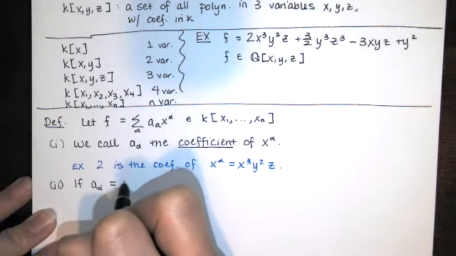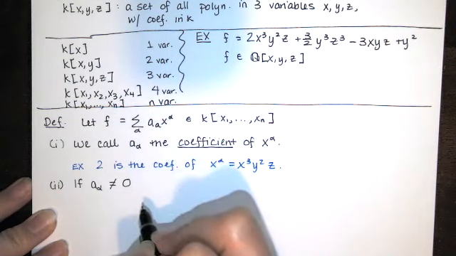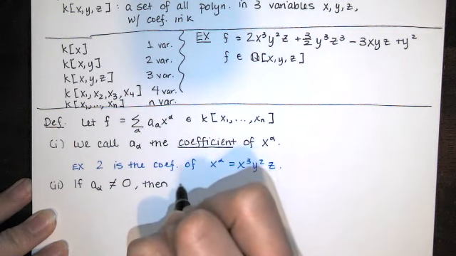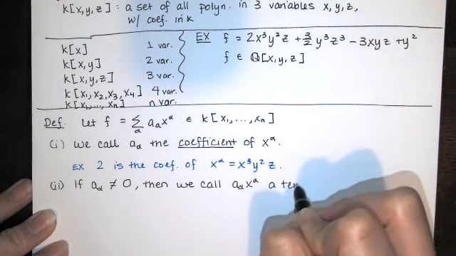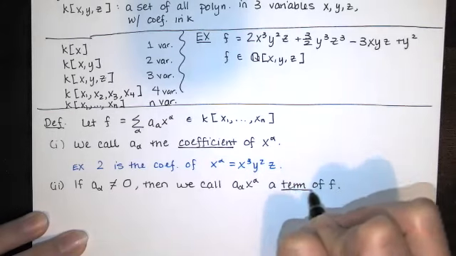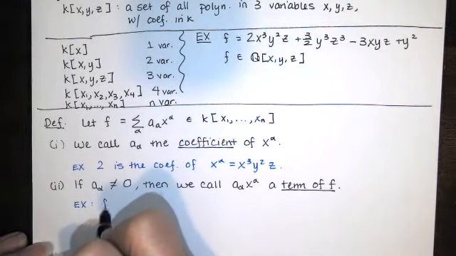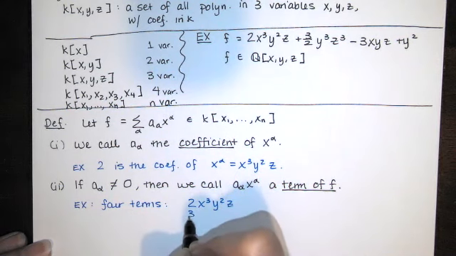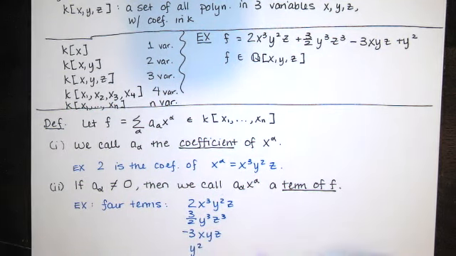Now, if a sub alpha is not equal to 0, so that means you actually have a term that looks like this in your equation defining that function, then we're going to call a sub alpha times x to the alpha a term of the polynomial f. So for this example here, we've got 4 terms. Two x cubed y squared z, 3 halves y cubed z cubed, negative 3 times xyz, and positive y squared are the 4 terms of our polynomial f in this example here.